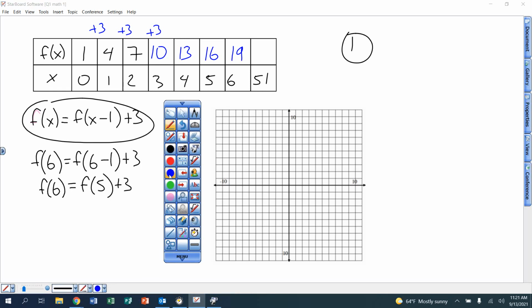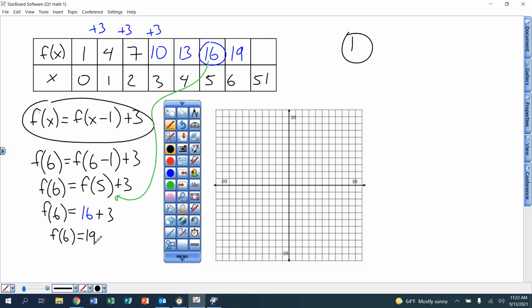Take that value of the 5th term, which is 16, and replace that right there. So when I write that, the 6th term comes from me taking that 16 right there and adding 3. That gives me the 6th term is 19.